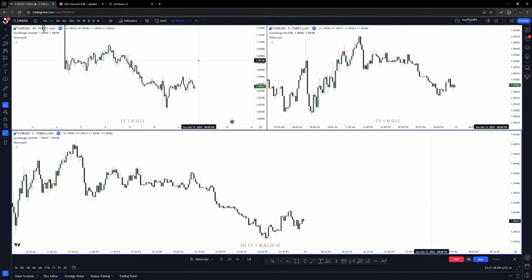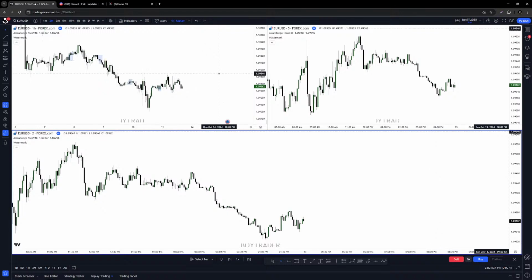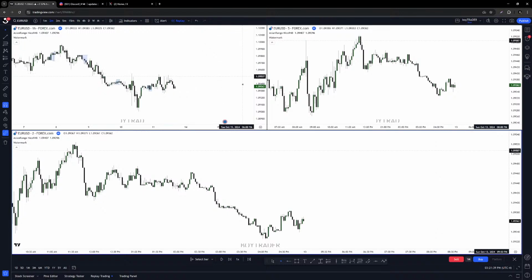Every break, every low, every high is going to be taken from the 1 hour chart. The 5 minute chart is what we use to frame our entry. Then the 2 minute chart is what we use to take our trades.